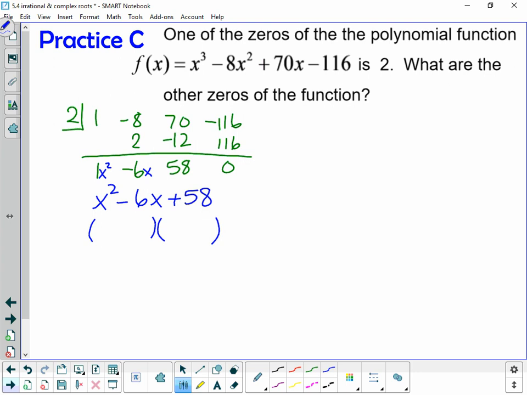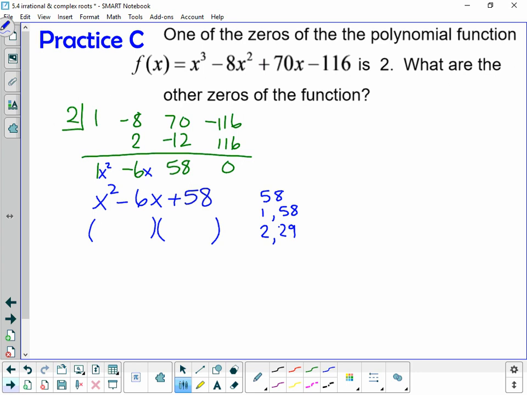Well, in this case, if we're thinking about the number 58, obviously it could be 1 times 58. 2 definitely goes into it because it is an even number. It's 2 times 29. 2 and 29 are both prime numbers. There's no other combinations for 58, and if you weren't sure, you could try a couple things, but those are the only combinations.